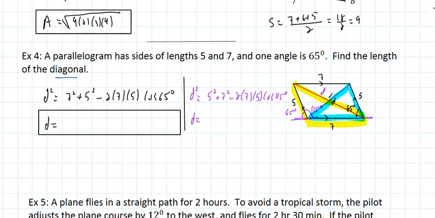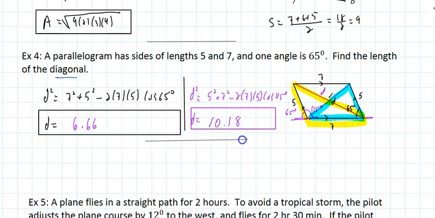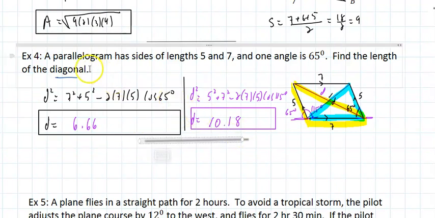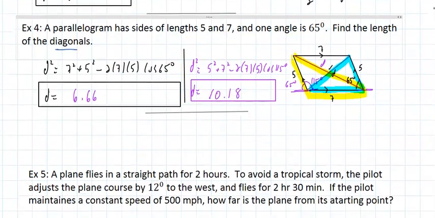Let me plug those in my calculator and get this out of the way. And if I use my calculator, that's what I will get. So if they don't specify, I'll find both diagonals.